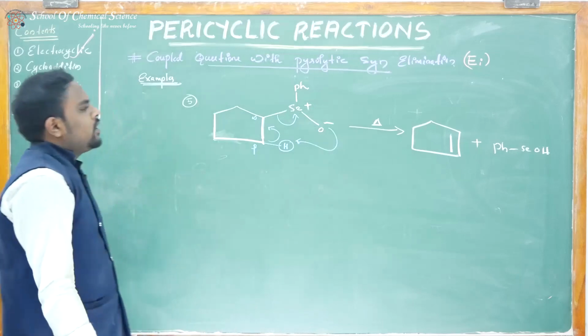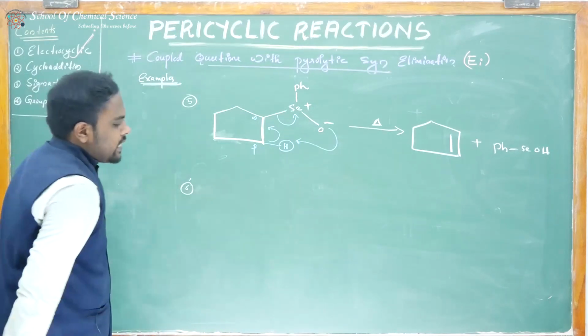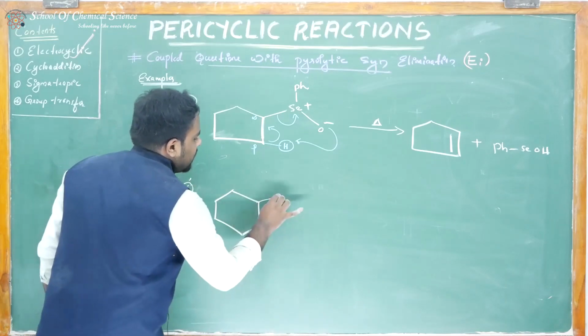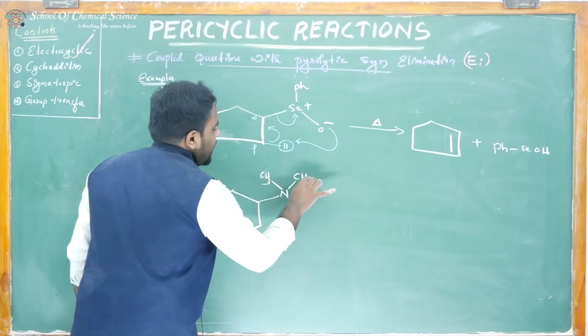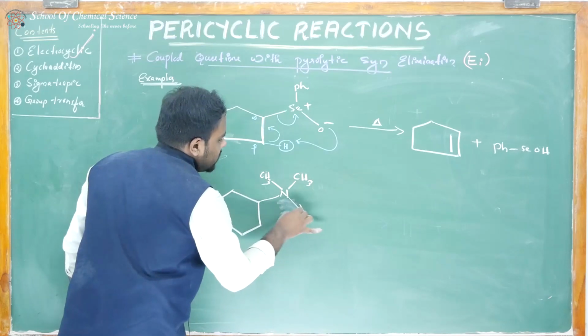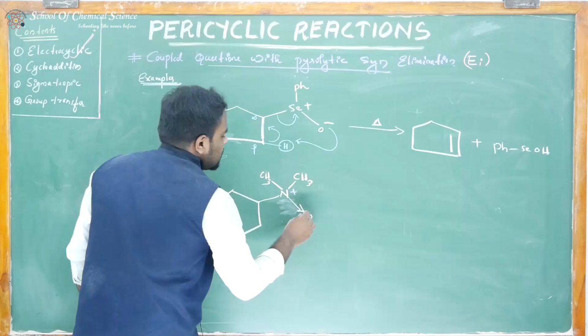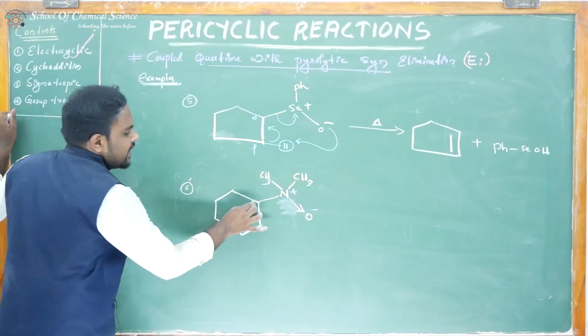Clear? Then the sixth example, a ring. Here N CH3 coordinate bond O. Coordinate bond O means nitrogen plus, O minus. You have to consider the beta hydrogen.